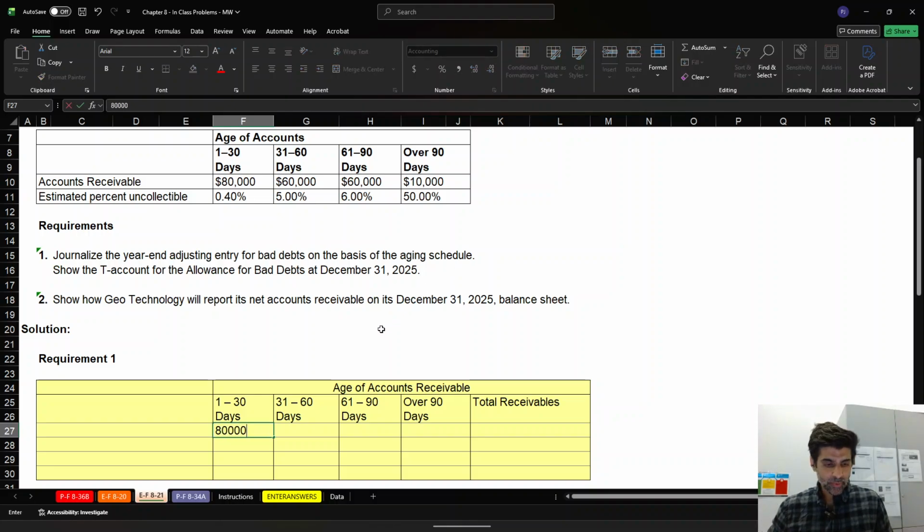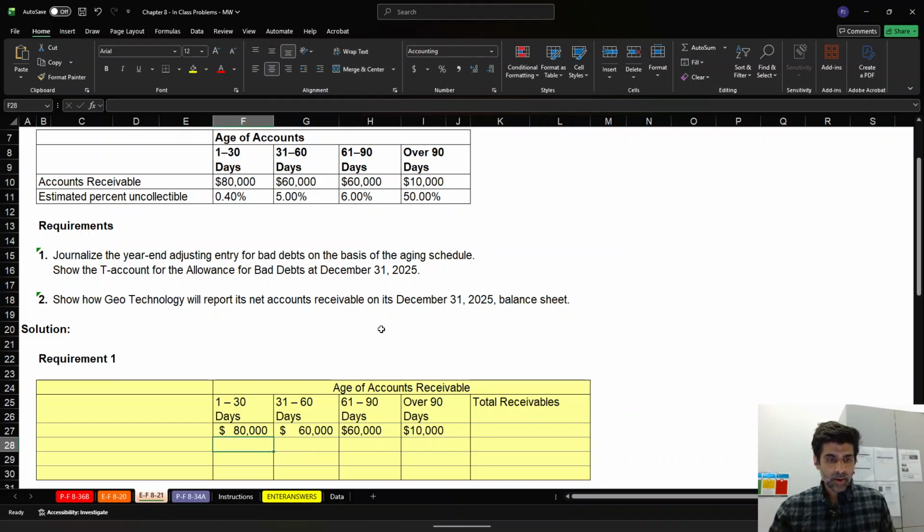Okay. So I'm just going to copy the numbers. And make sure you're clear, this is 0.4%, not 4%. So that's an easy mistake to make.